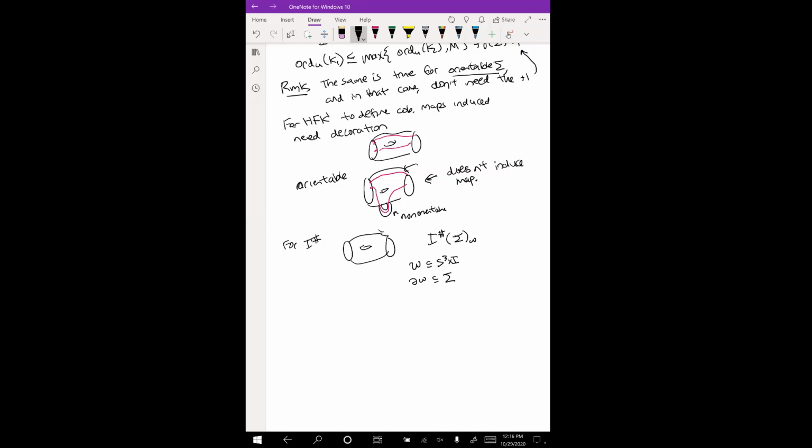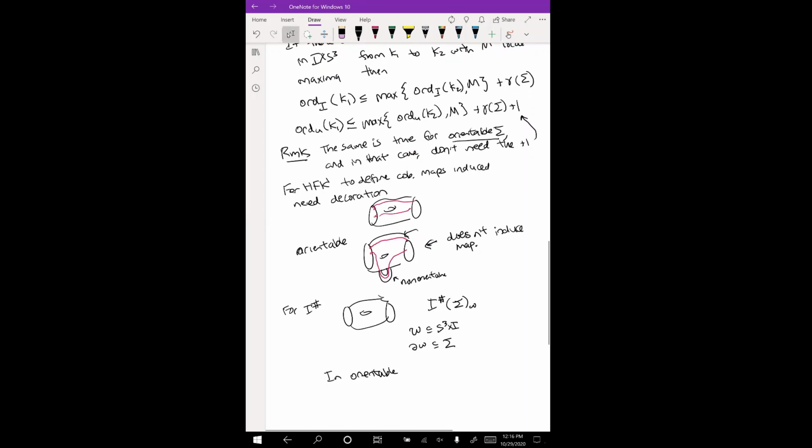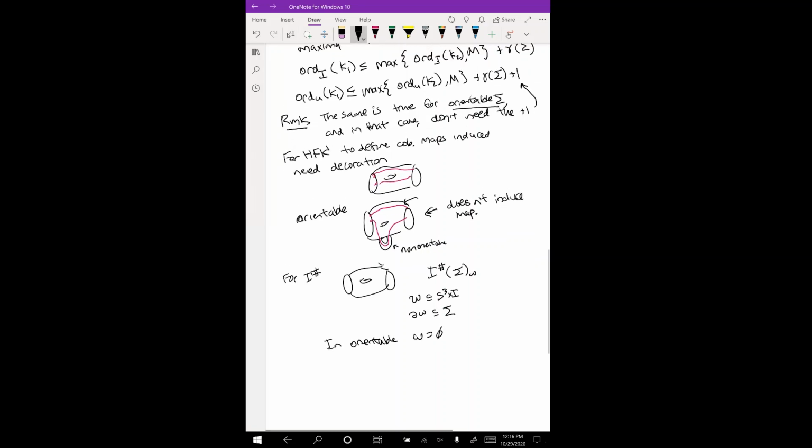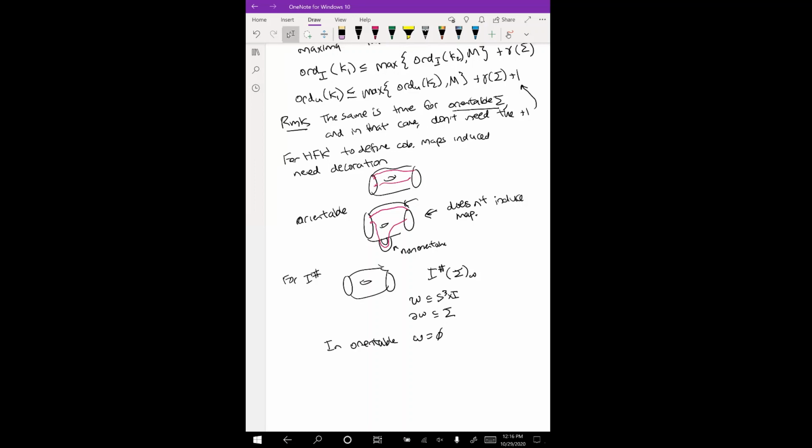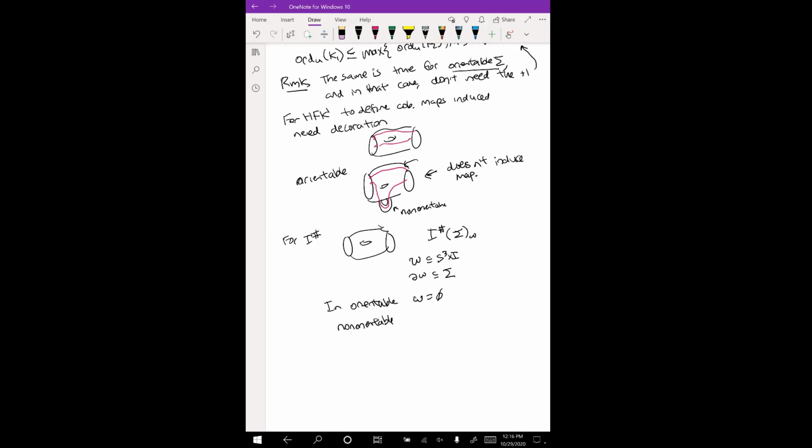In the orientable case, you can prove this theorem by just taking omega to be empty, and then you run the same argument that Juhász, Miller, and Zemke run, and it works. But for non-orientable cases, you could still take omega to be empty, and there's still a map induced in instanton Floer homology, but usually this map is going to vanish in a lot of the cases that we care about, and not give you any information. So in this non-orientable case, we need to pick omega more carefully.